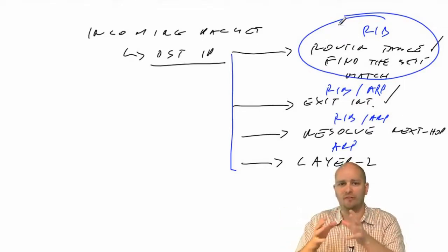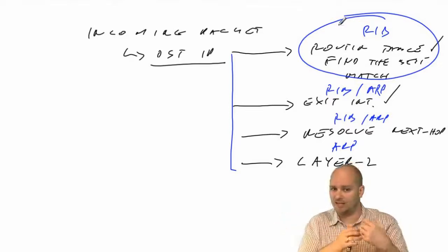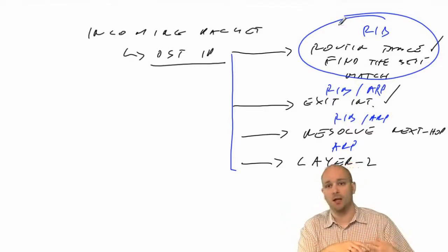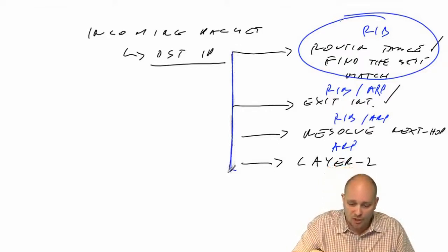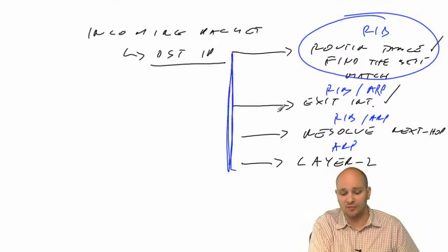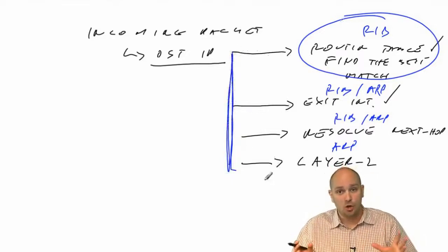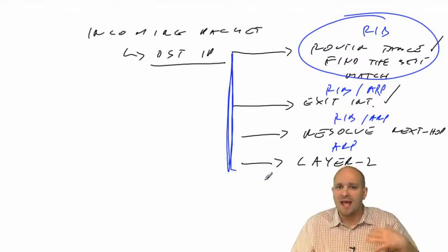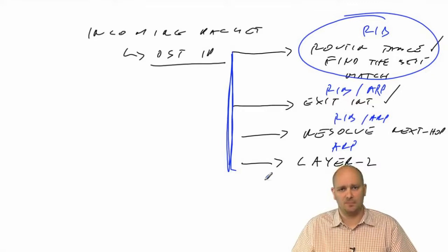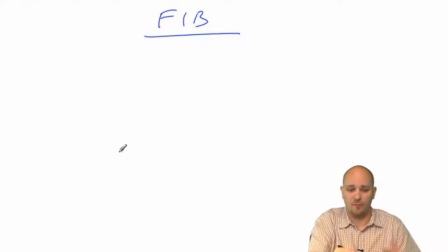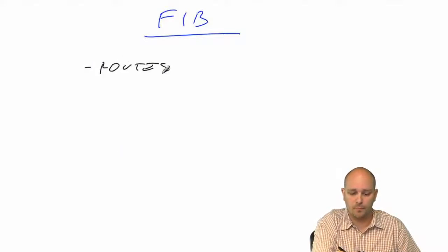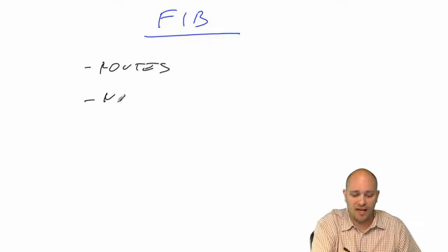But in order to use that efficiently, we may need to have a separate database that might be a little bit more efficient. What if we had a way to look all this information up in a single database instead of consulting multiple databases to build our forwarding table? And this is exactly what Cisco did when they implemented CEF. They created a forwarding information base, or the FIB, which is basically a database that contains information about routes. It contains information about next hops.